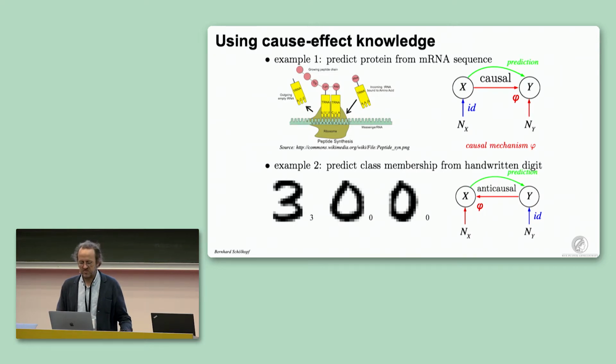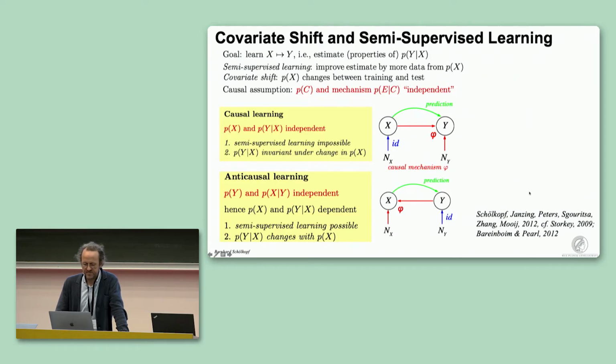But once things get more complicated, it's interesting to care about that. The first level of complexity would be to distinguish two cases, causal and anti-causal. Causal means prediction is aligned with causality, and anti-causal means the prediction is in the opposite direction of the causation.